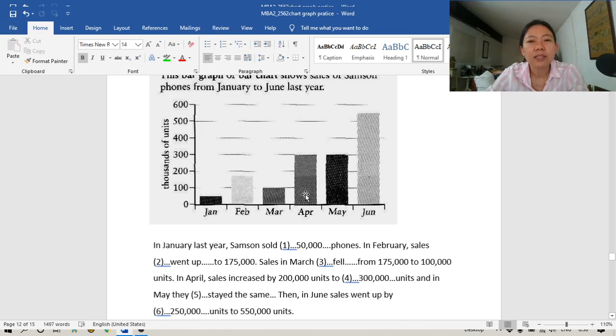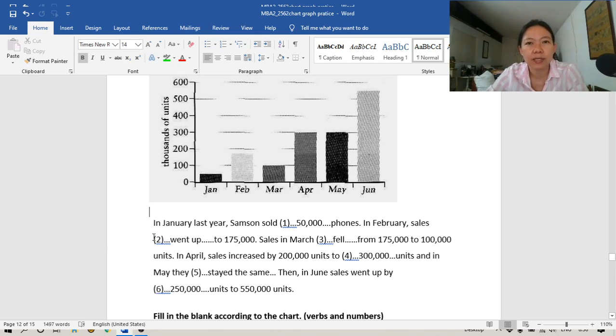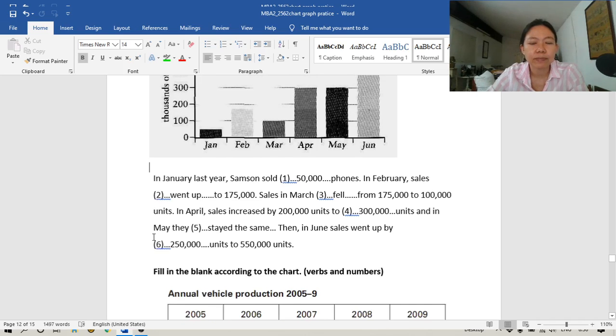In April, sales increased by 200,000 units to 300,000 units. And in May, they stayed the same. Then in June, sales went up by 250,000 units to 550,000 units. So here is the answer key.